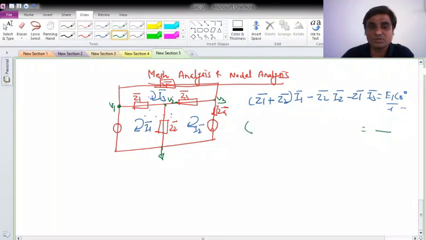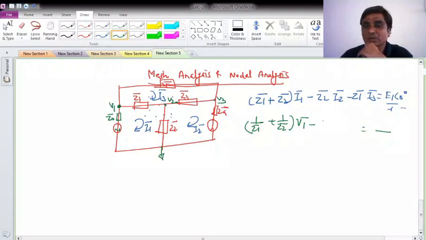For example 1 over Z1 bar plus 1 over Z2 bar into V1 phasor. Suppose one more impedance is here, let's say Z0. So this is 1 over Z1 plus 1 over Z2, minus the common between node 1 and 2. What is common? 1 over Z1 with V2. Again, is there any common between 1 and 3?